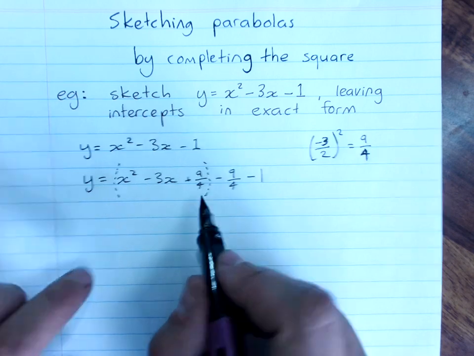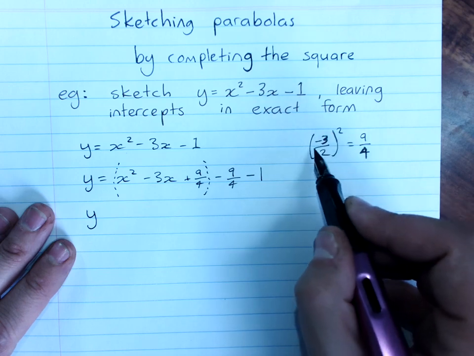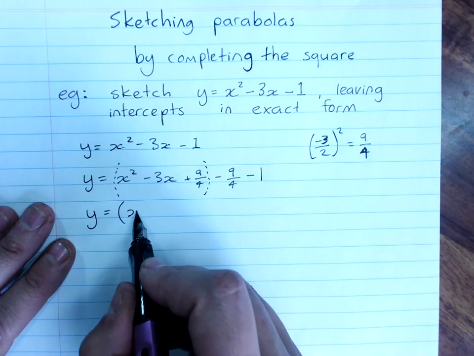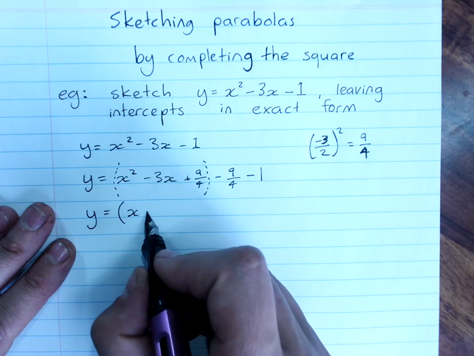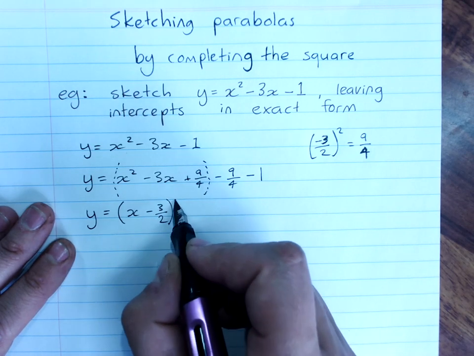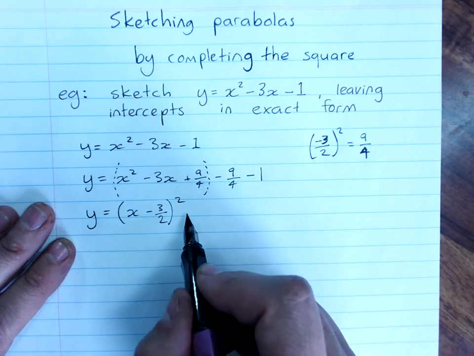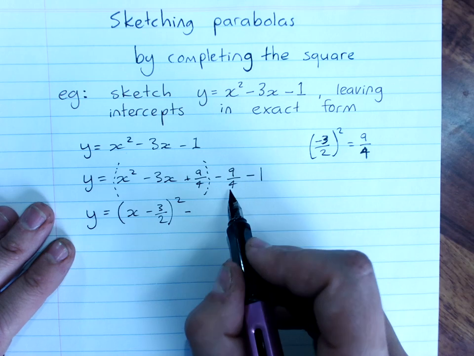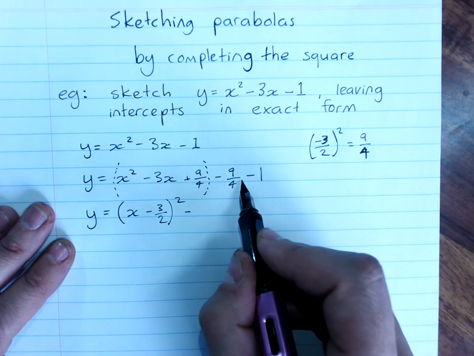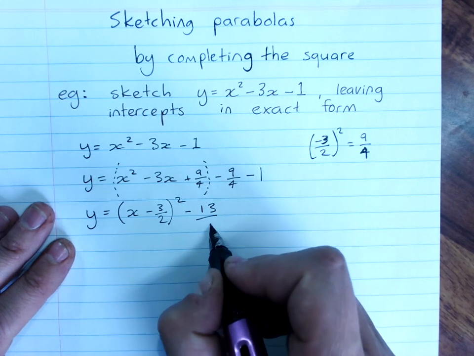You need to factorize your perfect square, but it's okay because you know that what's in the center here is what goes into your brackets. So this is x minus 3 on 2 squared, and then minus 9 on 4 minus 1, well that's minus 9 on 4 minus 1 on 4, so that's minus 13 on 4.